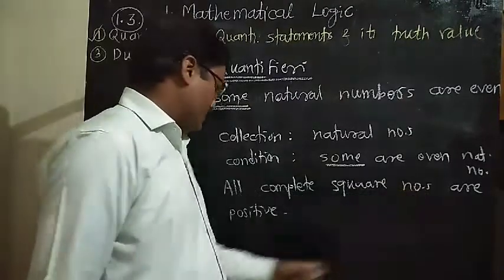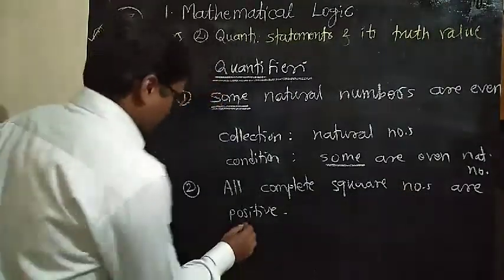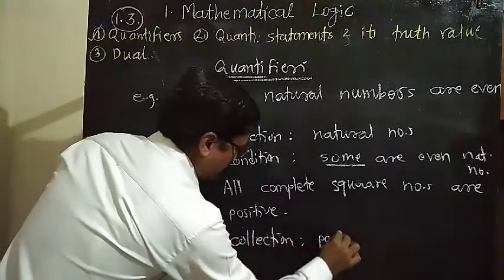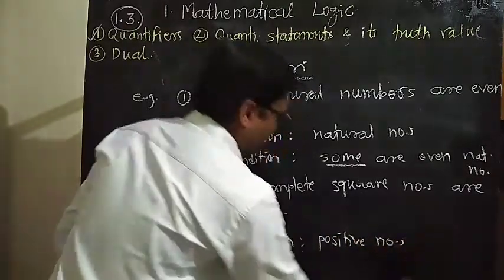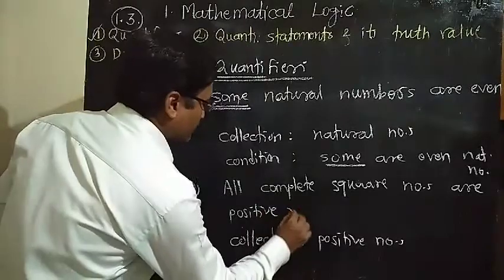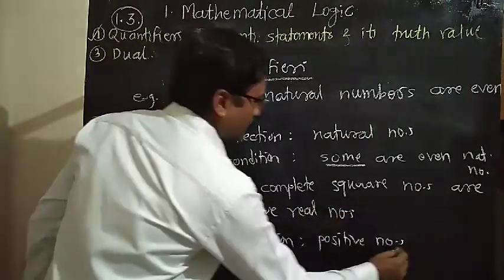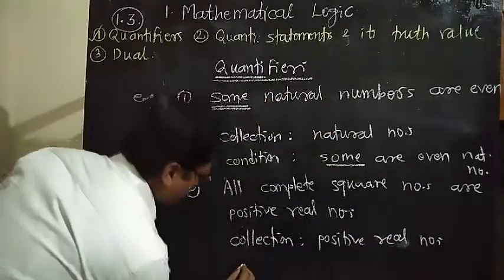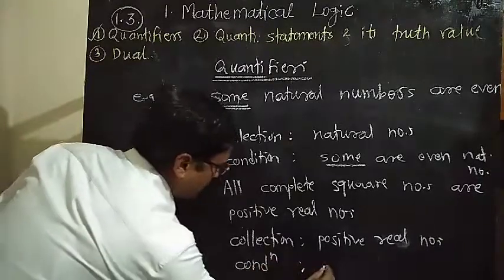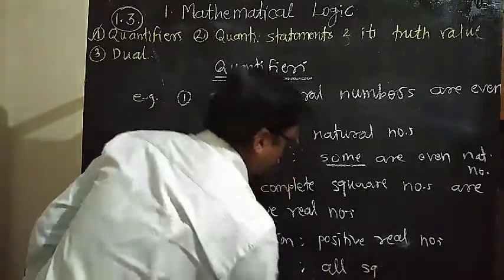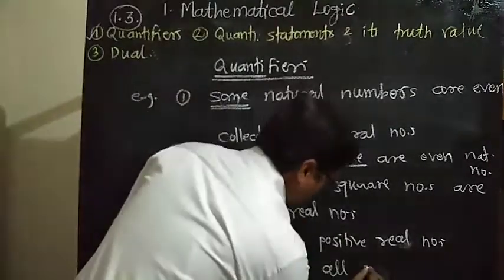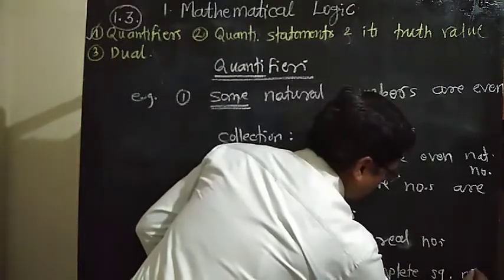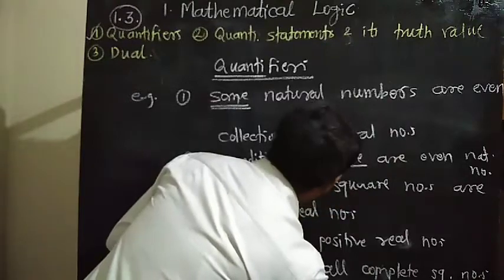Here in this example, the collection is of real numbers, not only positive, and the condition given is that all complete square numbers are positive.